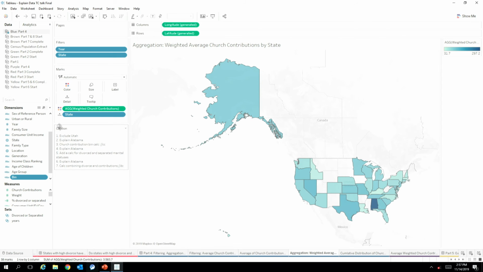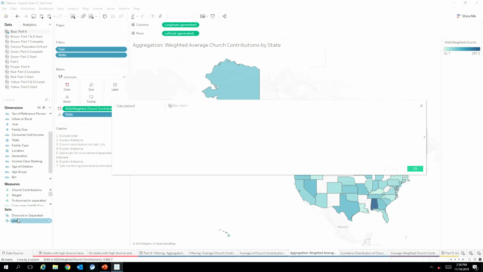Now, we know that divorce is correlated. And so what if we created a calculation that identifies if people are divorced or separated? So I already have this as a set here. Now another implementation note on explained data: it doesn't yet use sets or groups or bins as explanatory fields.